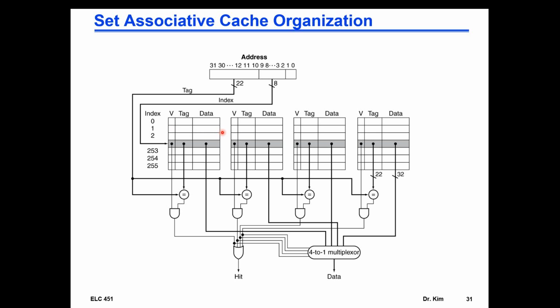However you organize it, given certain associativity, 4, 2, or none, or direct, if we assume that the data or the block is a single word, 32 bits, that's 4 bytes. So each one of these is 1 kilobyte. So this is a 4 kilobyte cache, however you organize it, depending on the associativity and the number of lines.